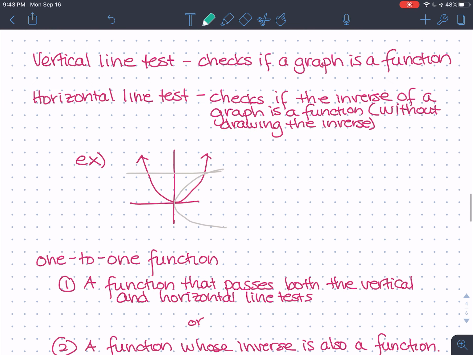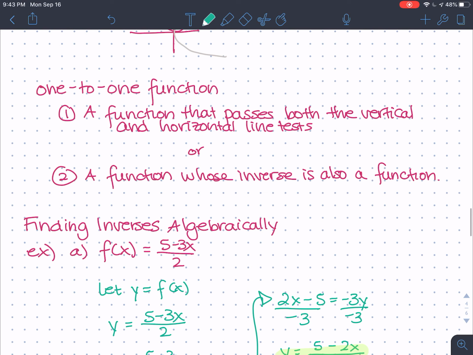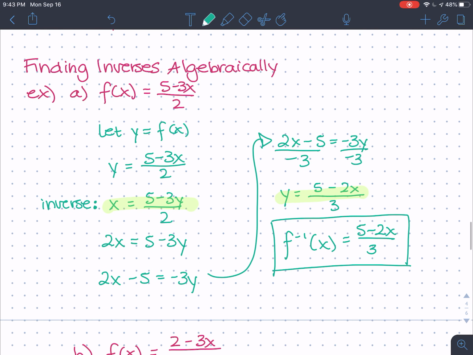And we have the vertical line test, which checks if a graph is a function. Horizontal line tests check if the inverse would be a function. One-to-one is where the function has an inverse that's also a function. And then finally, finding inverses algebraically, you switch x and y and solve for y. So there it is in a nutshell.